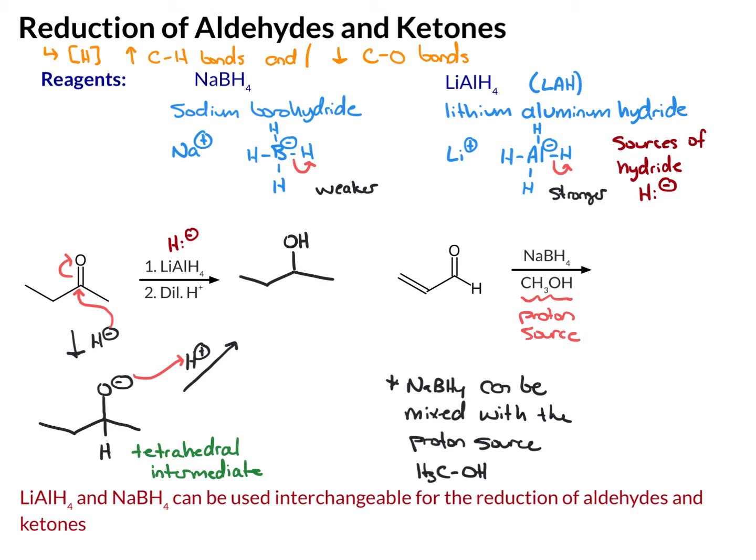So just to draw the product, I'm just going to keep everything the same. I'm even going to draw this hydrogen in. Then our double bond O becomes an OH. And you don't have to draw the new hydrogen in, but the new hydrogen was added to that carbon. So there's the product, which is an alcohol.